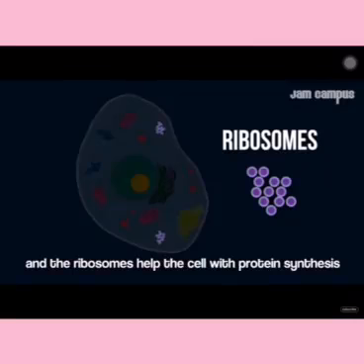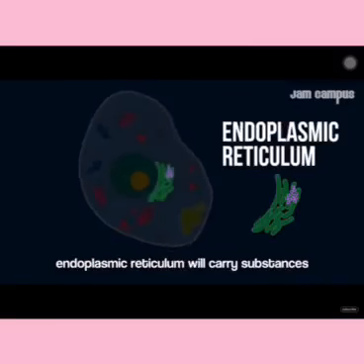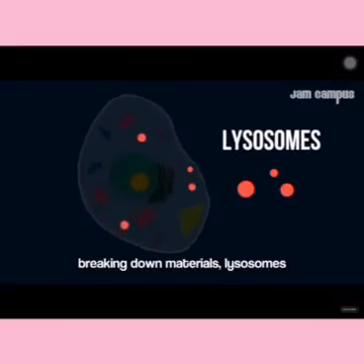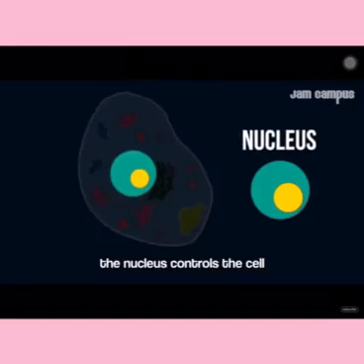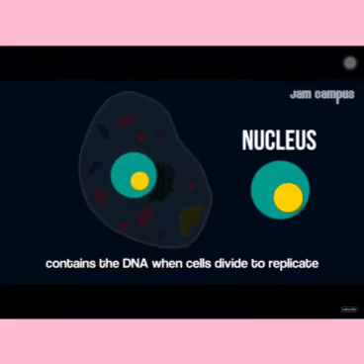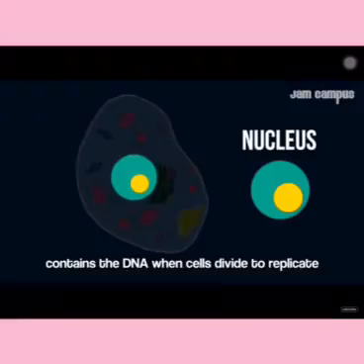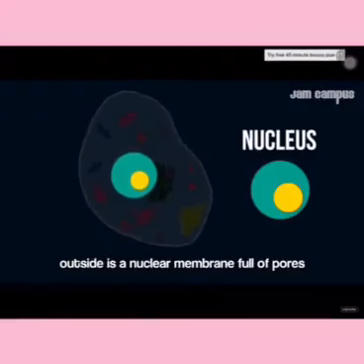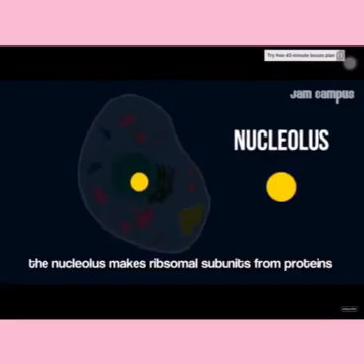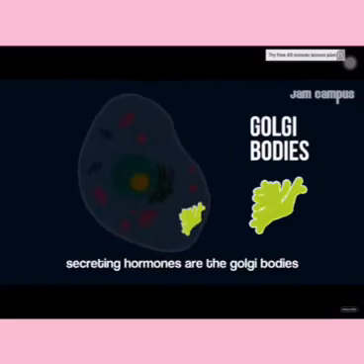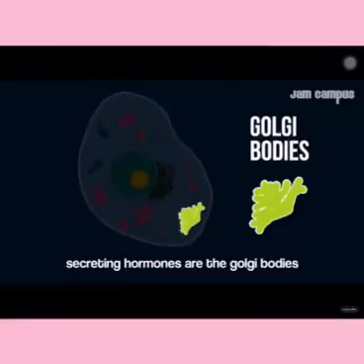The ribosomes help the cell with protein synthesis, and endoplasmic reticulum will carry substances, breaking down materials, lysosomes. The nucleus controls the cell, kinda like a brain, contains the DNA when cells divide to replicate. Outside the nuclear membrane full of pores. The nucleus makes ribosomal units from proteins, secreting hormones are the Golgi bodies.